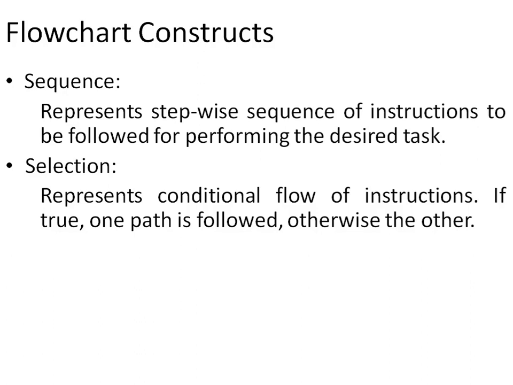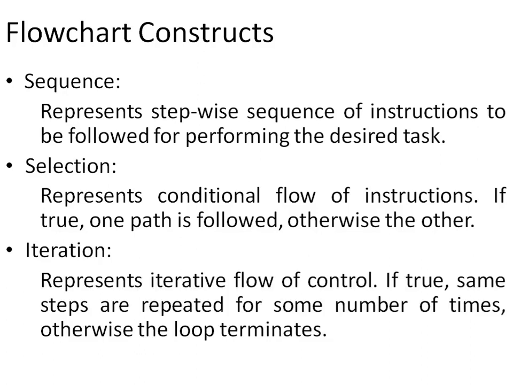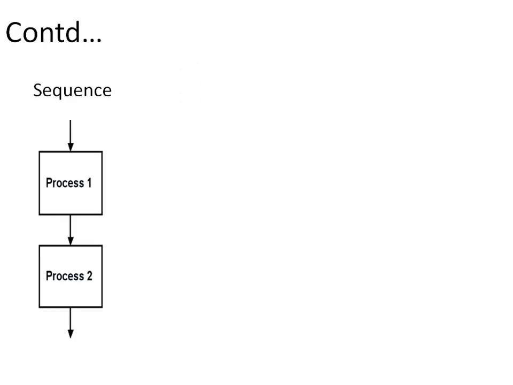There are only two possibilities and one has to be selected based on the output of a condition. Lastly, there is an iteration where a block of statements has to be executed till the specified condition results in true. These three constructs are represented as is shown here.